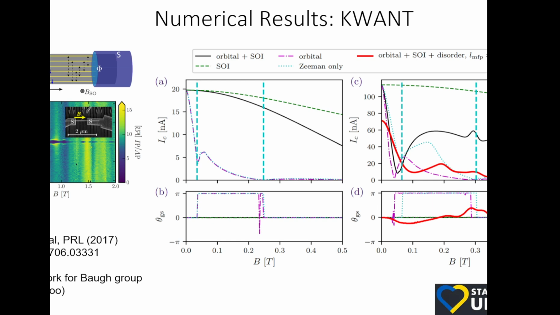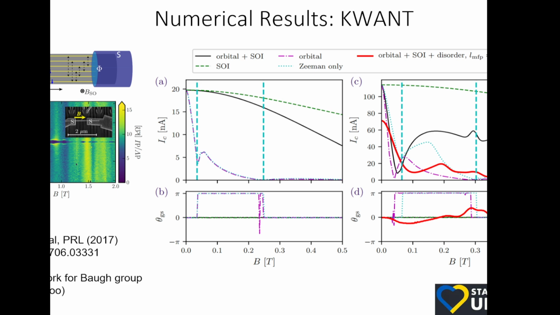And you can see also here that if you remove disorder and remove the spin orbit effect, you start seeing 0, pi, 0 again. So for the purple, the cyan, and the blue, it seems like the pi junction is difficult to see.